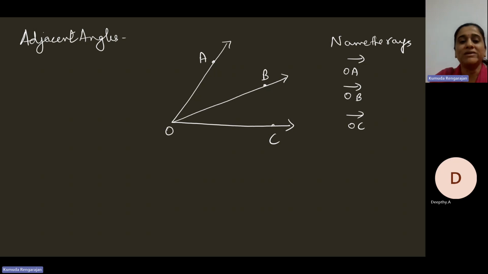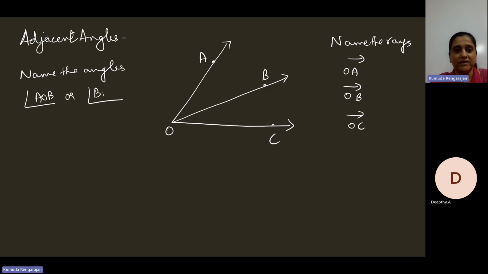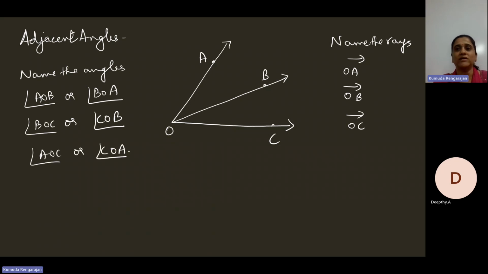So here, how many angles can you see? Name the angles you see in this figure. Very good. You can see angle AOB, also called angle BOA. You can see angle BOC, also called angle COB. And you can also see angle AOC, also called angle COA.